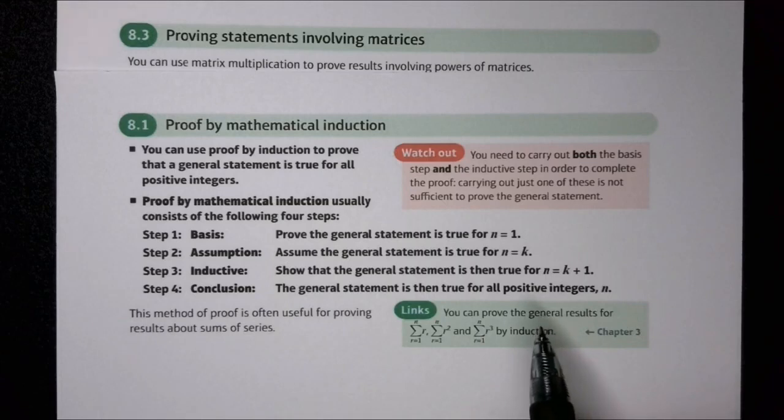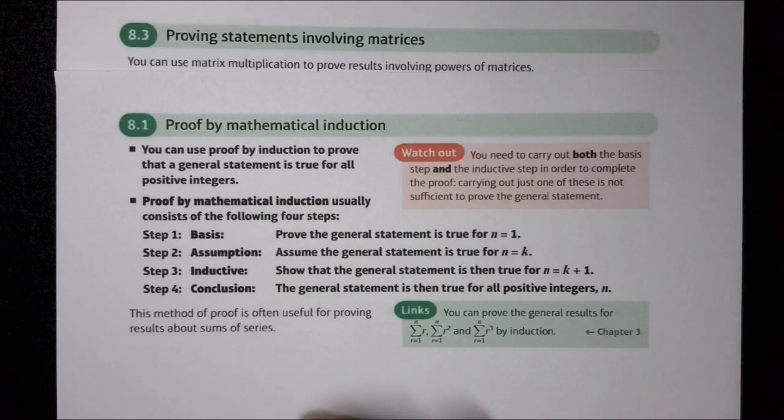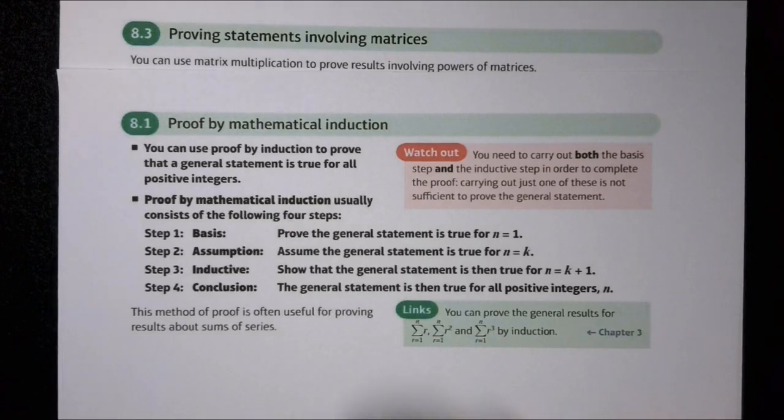Now, as we saw with the summation proof by induction problems, I think it's a good idea to actually show before you proceed any further what exactly you want to show. In other words, write down your goal.